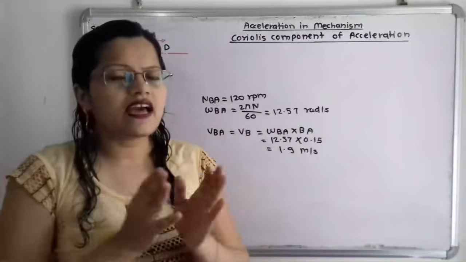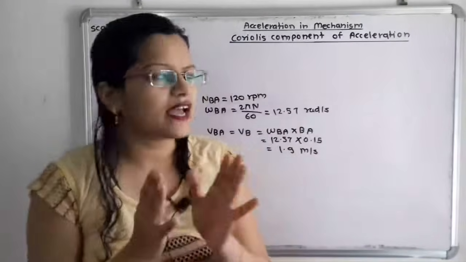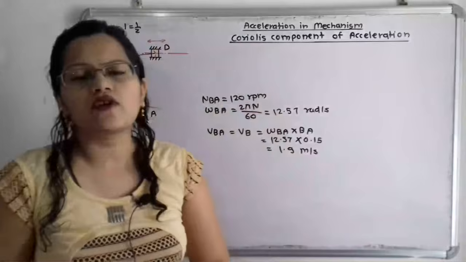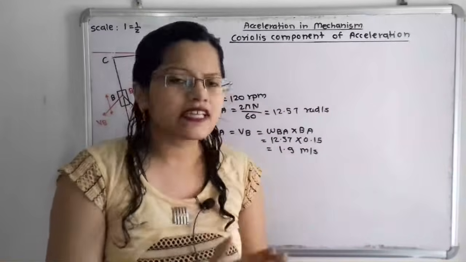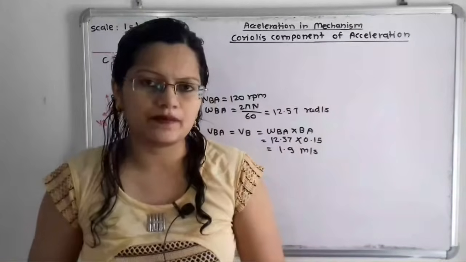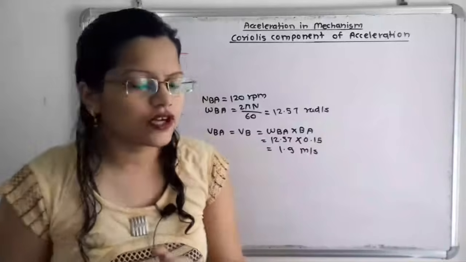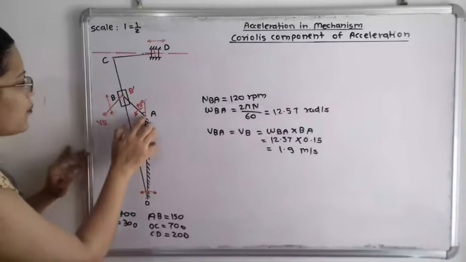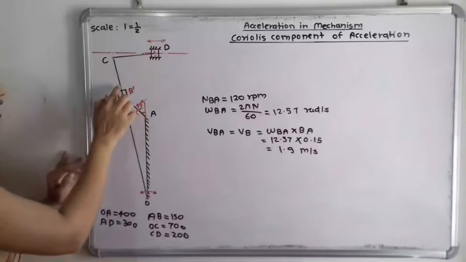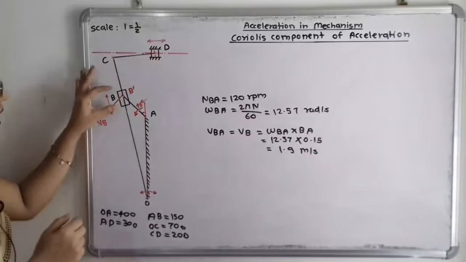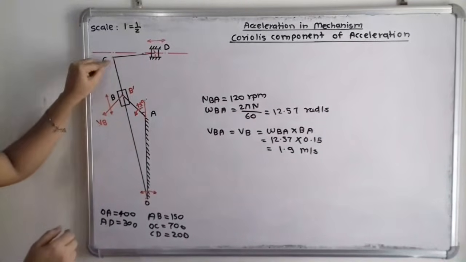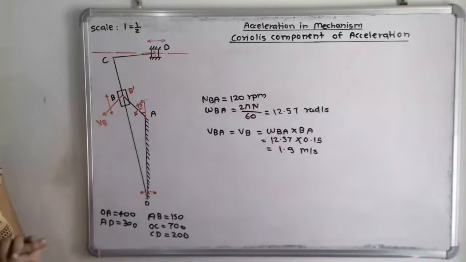We will understand how this mechanism works and why the Coriolis component of acceleration is applicable for this mechanism. Now if we observe, the end point of this crank, B, has a slider and this slider has motion along the link OC.